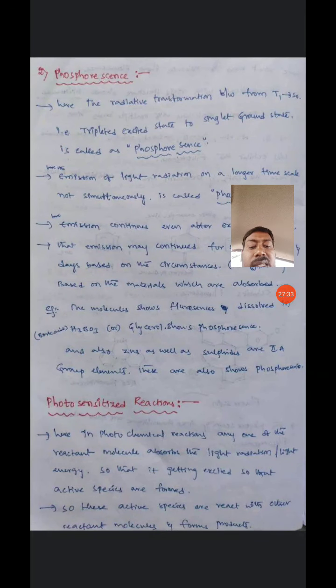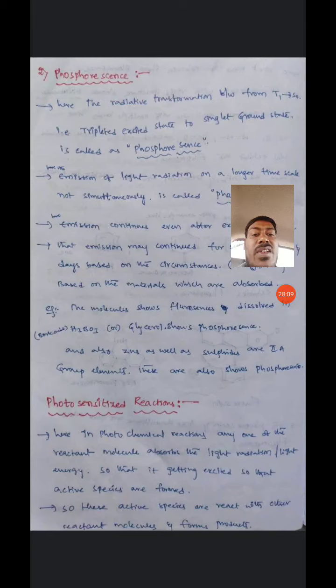Next we are discussing phosphorescence. The radiative transition from T1 to S0, that is, from the triplet excited state to the singlet ground state, is called phosphorescence.